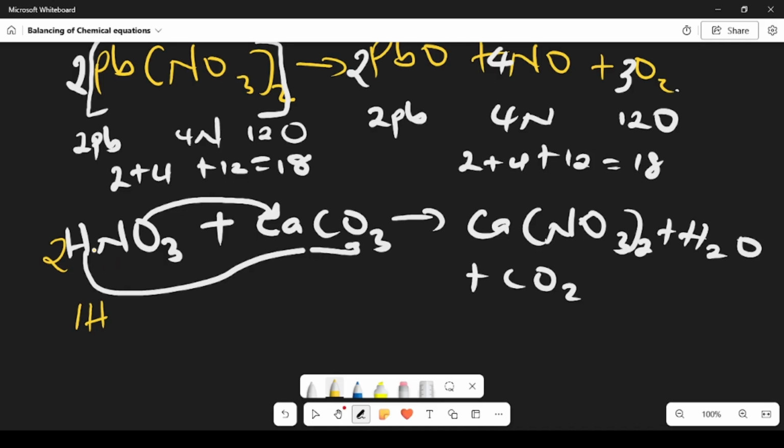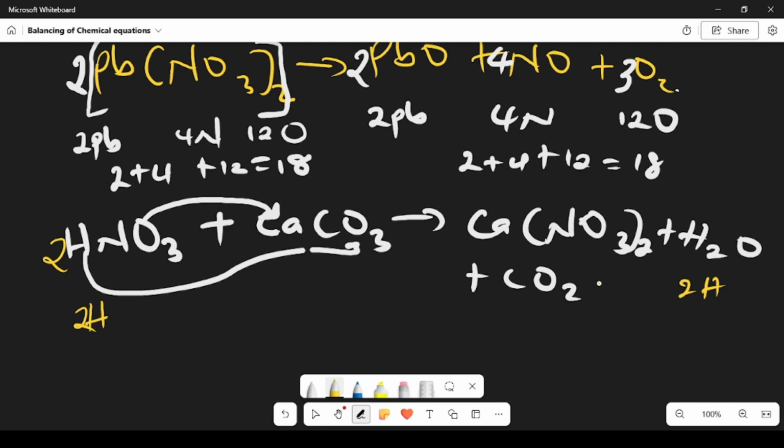Trust me, if you add 2 here, you don't produce a new compound which does not exist in chemistry. So be very careful during your balancing. Any wrong move will result in wrong balancing, and that is a wrong answer in the end. So you have 2 atoms of hydrogen here, and you have 2 atoms of hydrogen here. You've taken care of hydrogen.